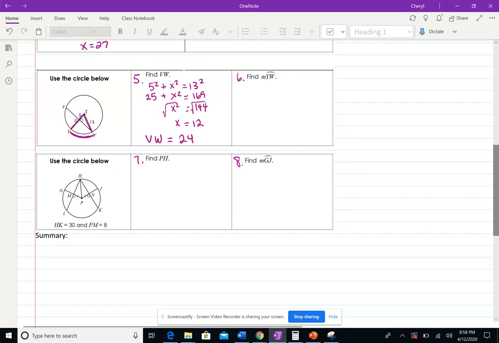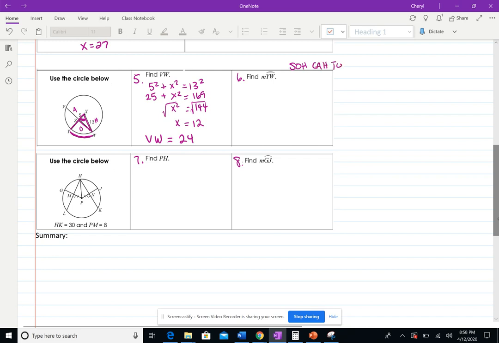So we could find the central angle using trig, because we have a right triangle. We're not given the opposite. We are given the adjacent, and we are given the hypotenuse. So if we're given the adjacent and the hypotenuse, what are we going to use?